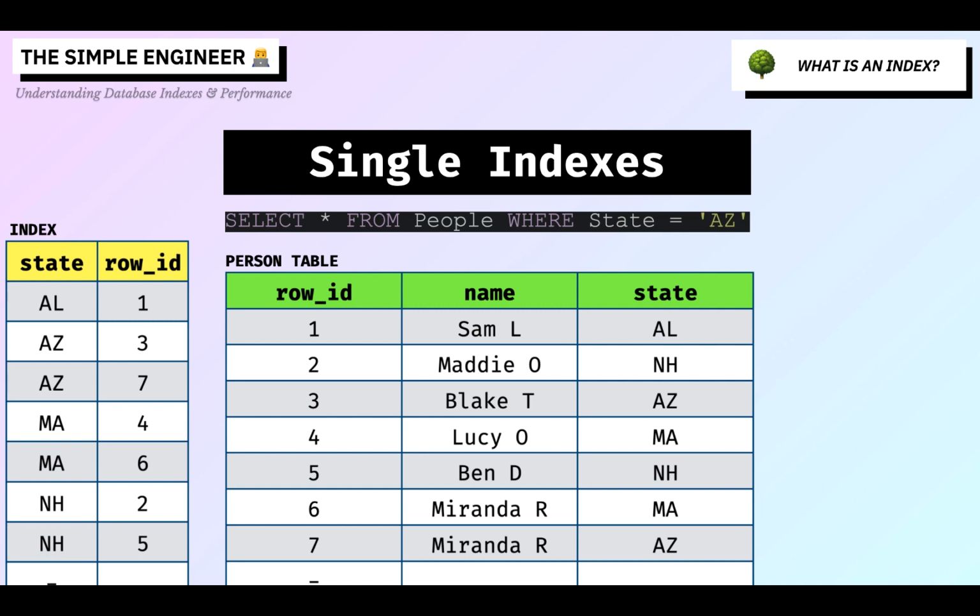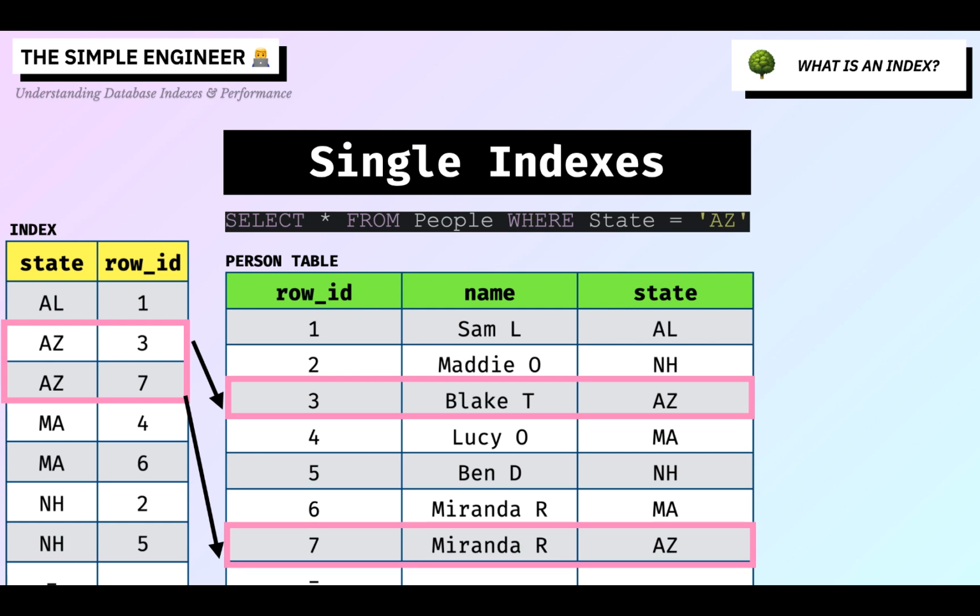Our search criteria is filtered on state being Arizona. And so what we do is a binary search to find the state, and then we realize there are actually 2 values that match this criteria. And then from here, we do the dereferencing lookup to the physical table to get the columns that we're interested in.